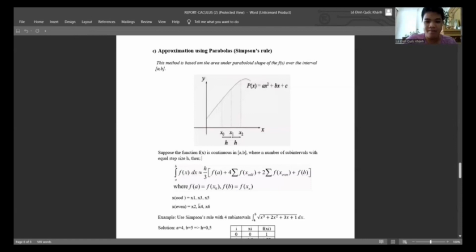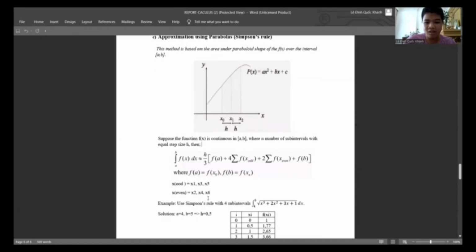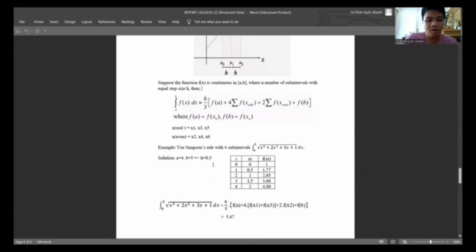Also, x odd is x1, x3, and x5, and x even is x2, x4, and x6.